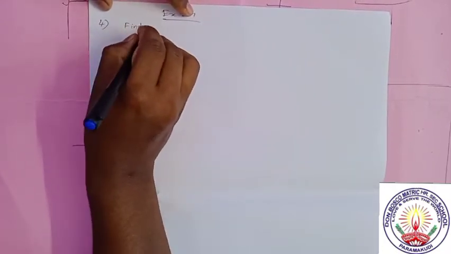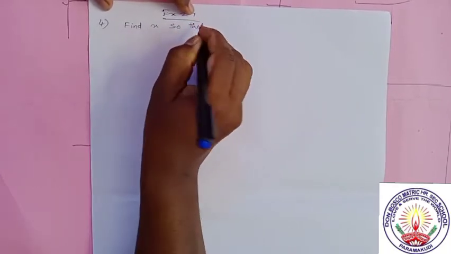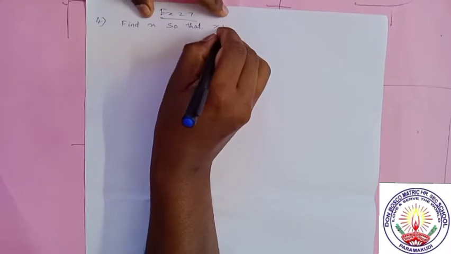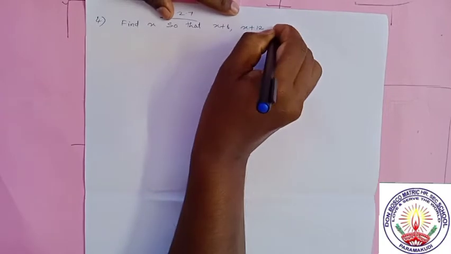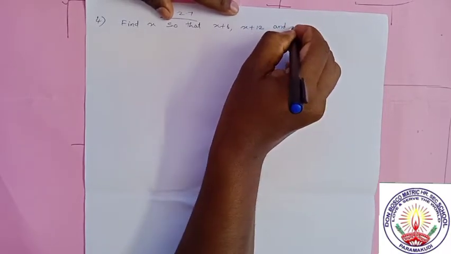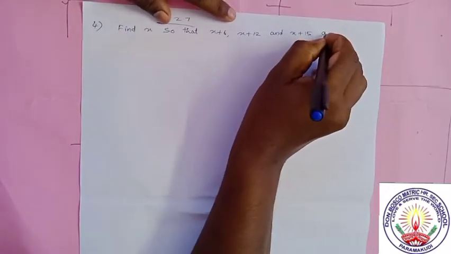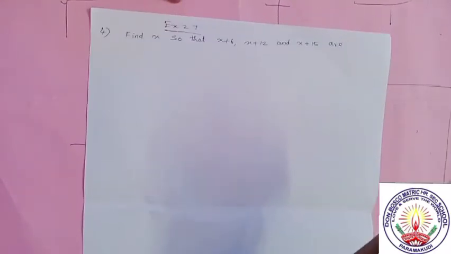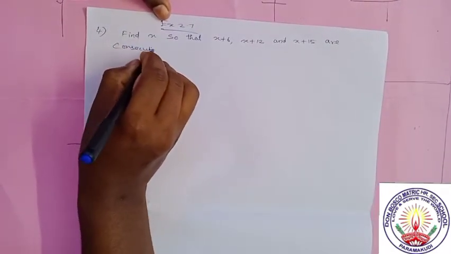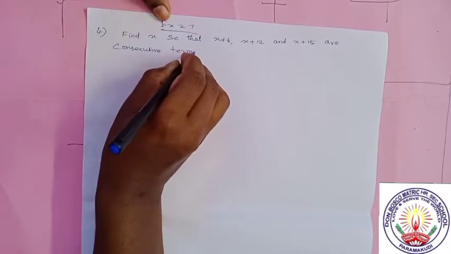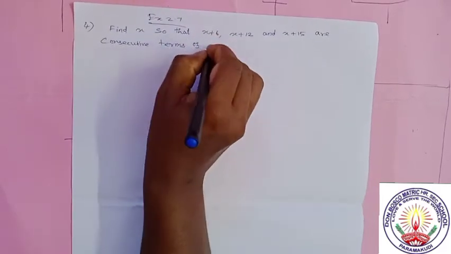Find x so that x plus 6, x plus 12 and x plus 15 are consecutive terms of a geometric progression.